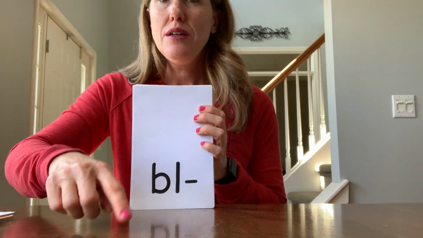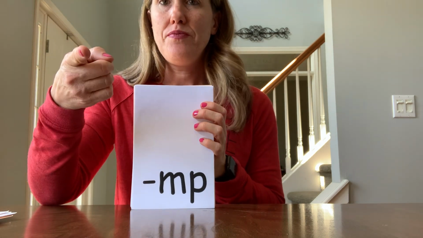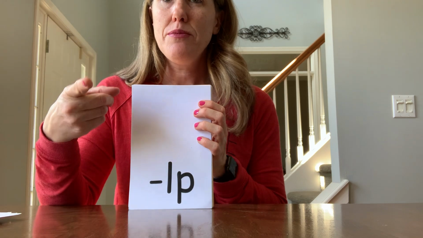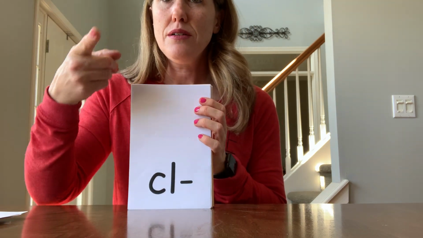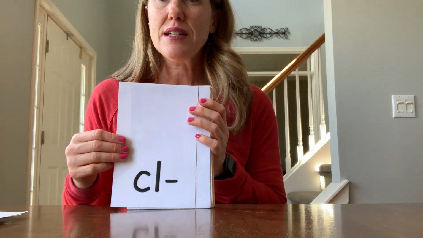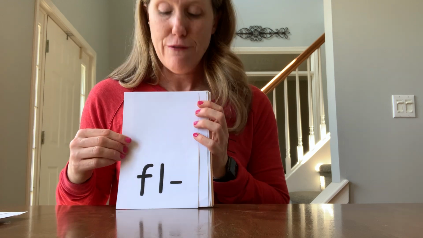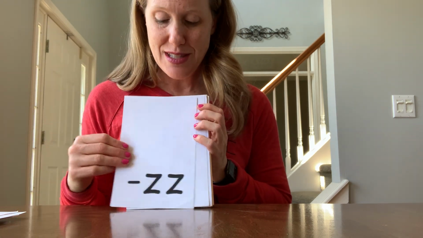BL says bl. LP says ulp. CL says cl. FL says fl. ZZ says z.